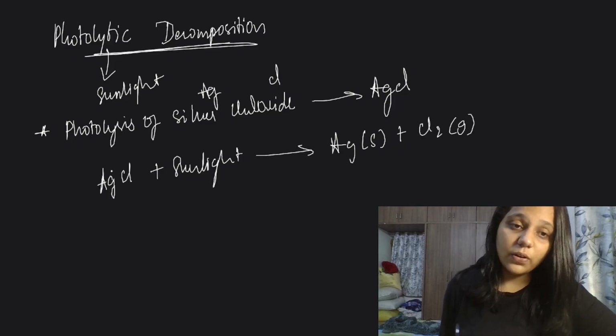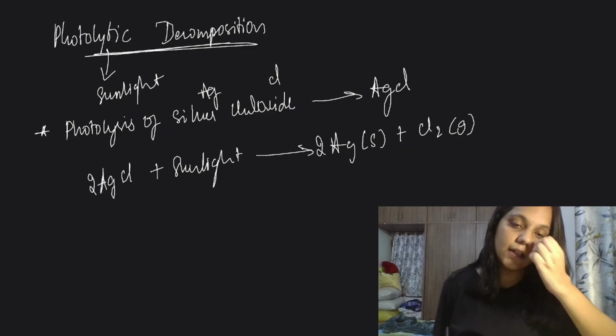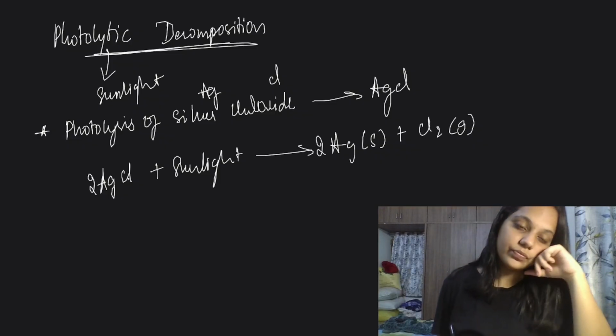You can observe Ag is okay, but for Cl2 we have 2 chlorine here and 1 chlorine there. Always write the chemical reaction in a balanced form. So here I add 2. Now silver is 2 here and 1 there, so I add 2 here, and now it is balanced.